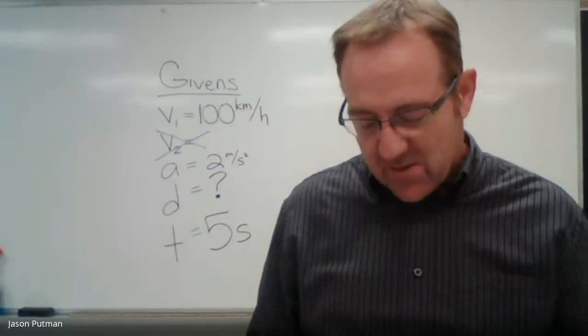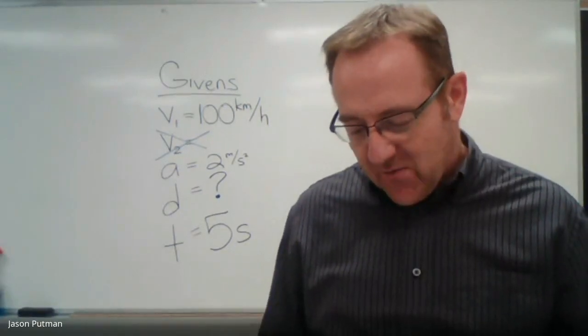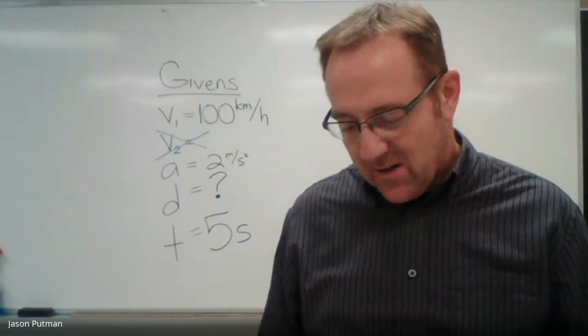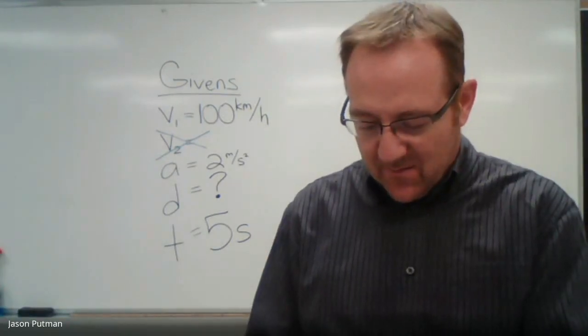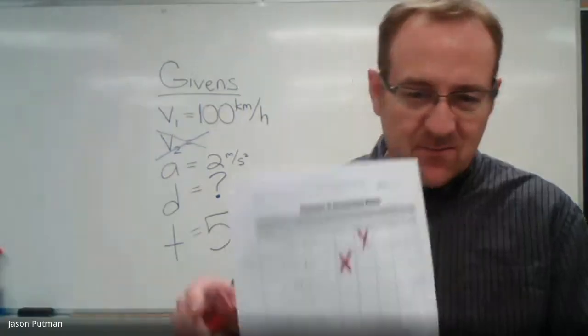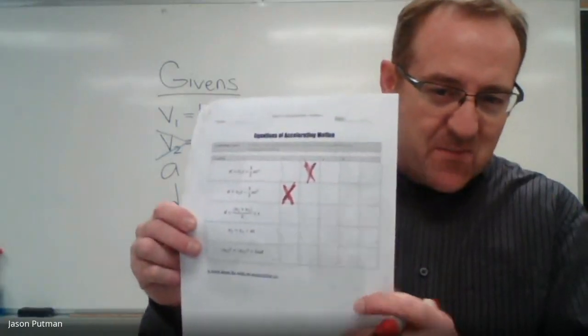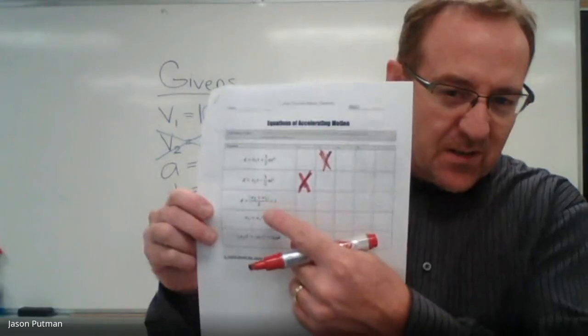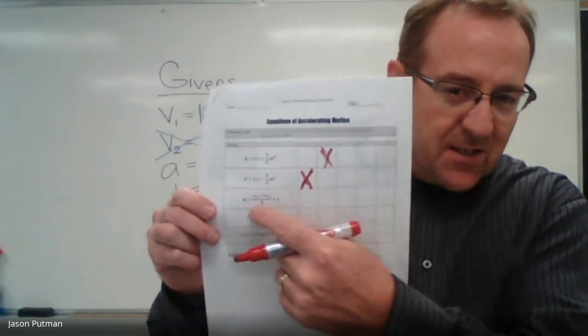If you look at the next formula, D equals V2T minus 1/2 AT squared. It doesn't have a V1. That's the formula that you use if the starting speed is not mentioned. The next formula, it's an acceleration formula.